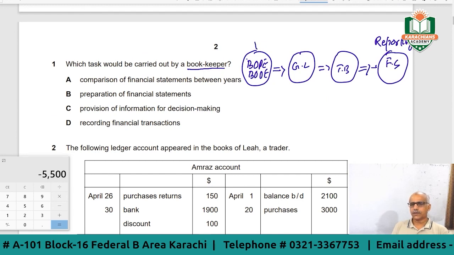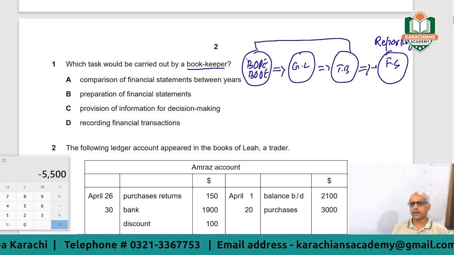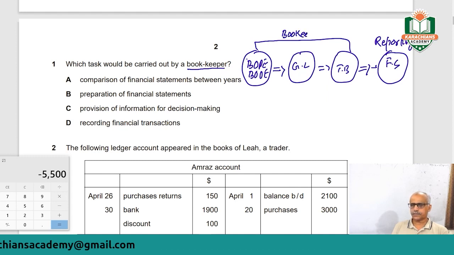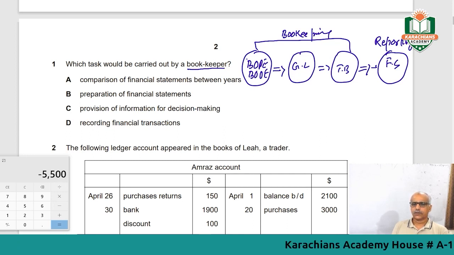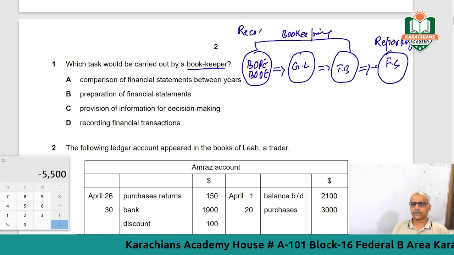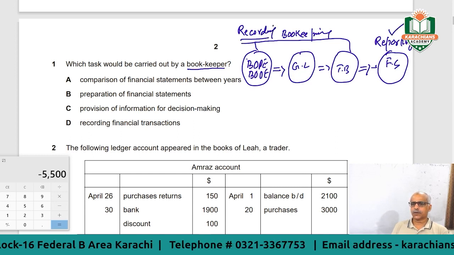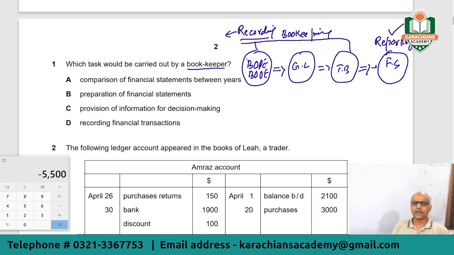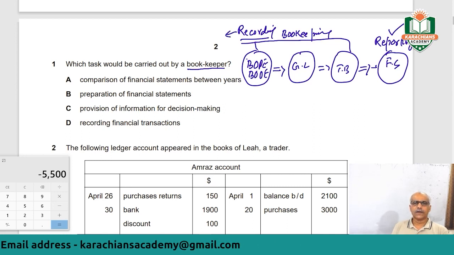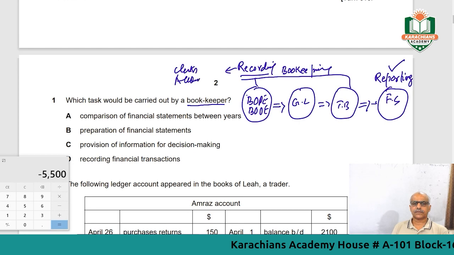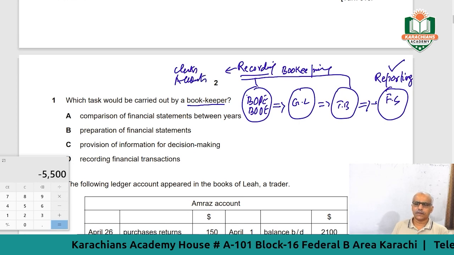So this part from initial recording till trial balance is called bookkeeping. This is the recording part and this is the reporting part. The recording part is basically done by lower level people like clerks or accountants, but the higher level part is done by the manager.